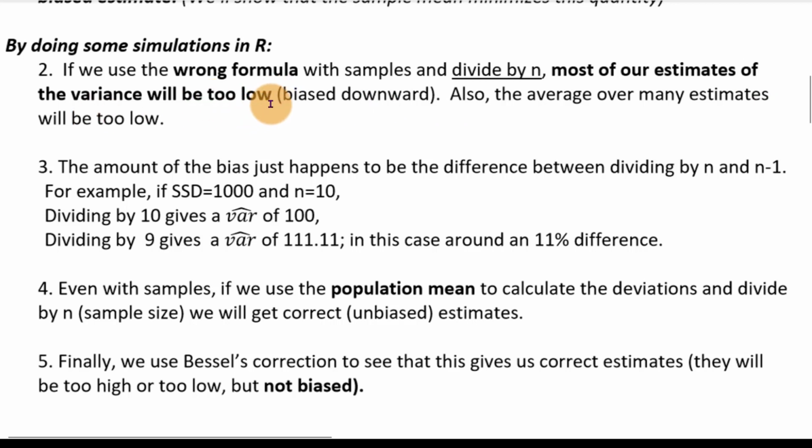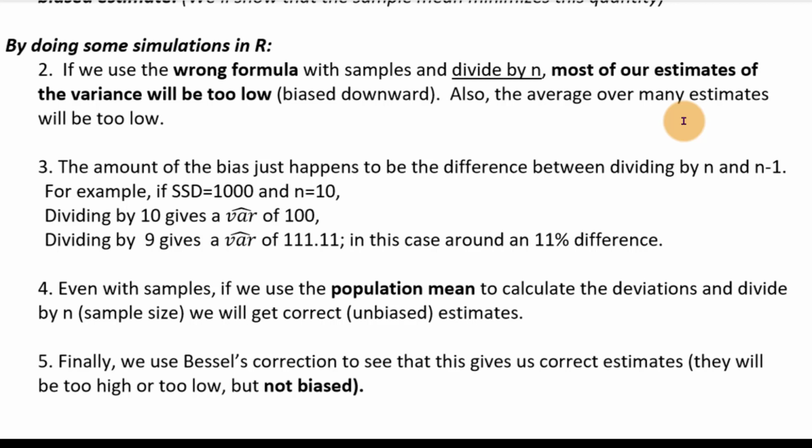They're going to be biased in a downward or a too low direction, all right? We're also going to see that if we divide by n, the average of many sample estimates of the population variance are going to be too low. So we're going to see most individual estimates will be too low. We're also going to see that the average of many, many estimates will be too low.